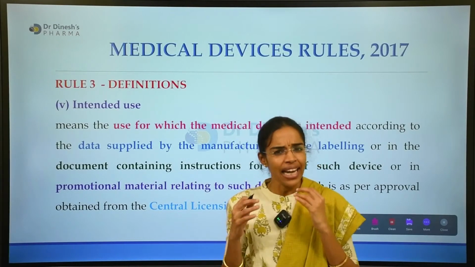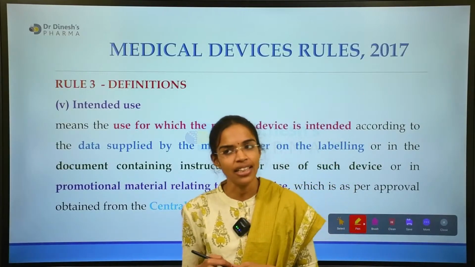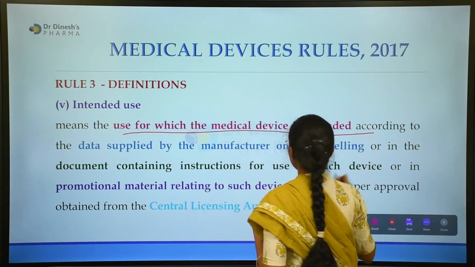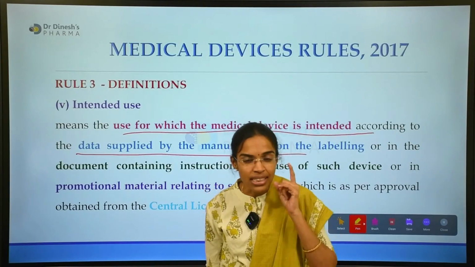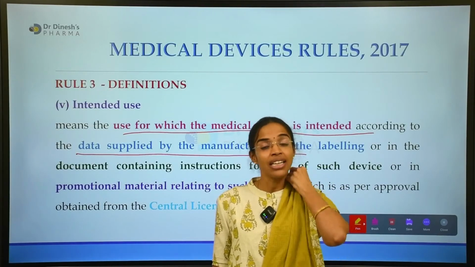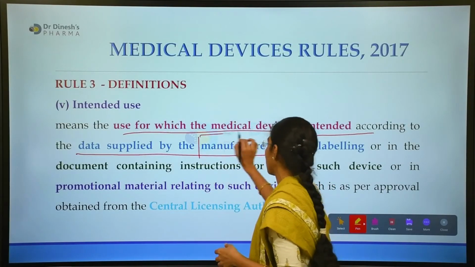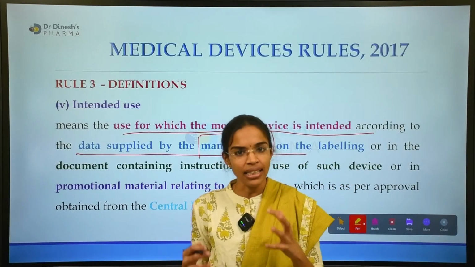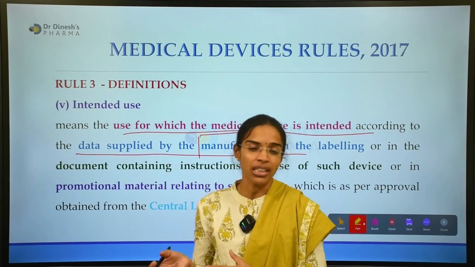For any medical device we are considering, the intended use is the use for which the medical device is intended according to the data supplied by the manufacturer. Who decides the intended use of the medical device? It is certified or notified by the manufacturer. It does not necessarily mean that the device does not perform other actions.